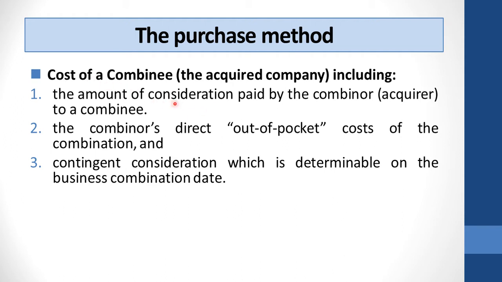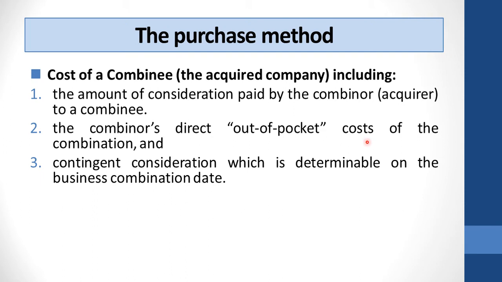The amount of consideration is the amount paid by the combiner or the acquirer to a combinee. It may be money paid or stocks or shares issued. Number two, the combiner's direct out-of-pocket costs.